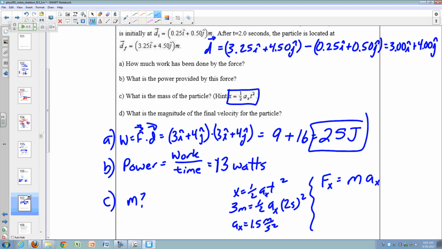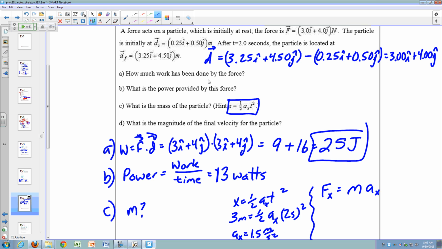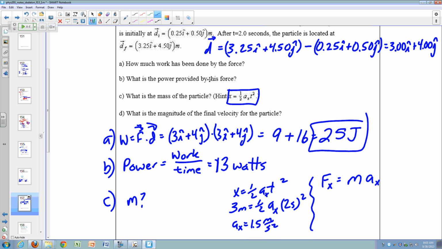Mass, yep. Not yet. Connor, you got the mass?